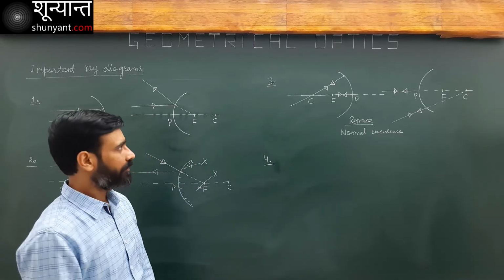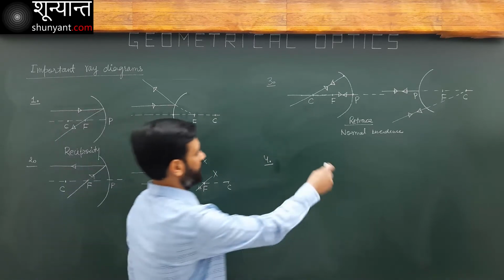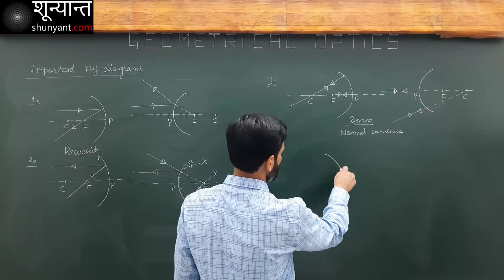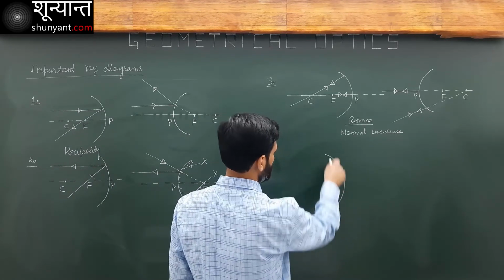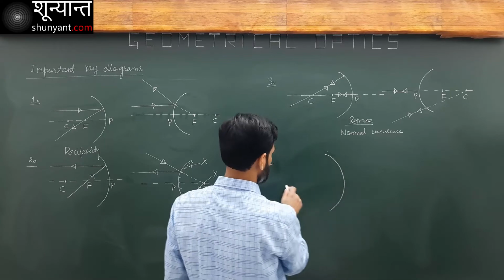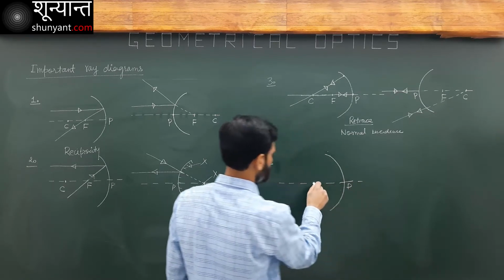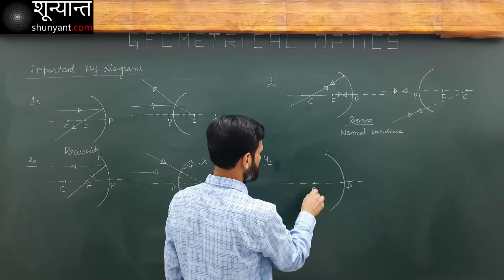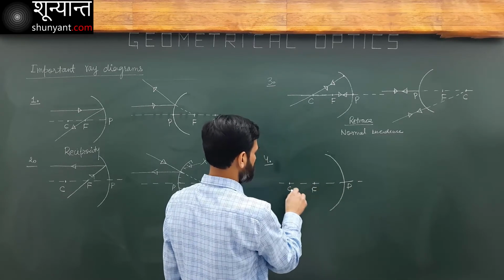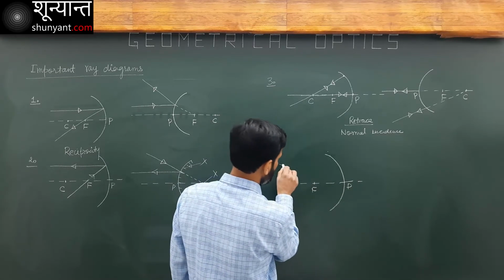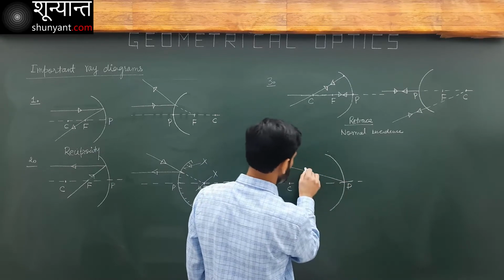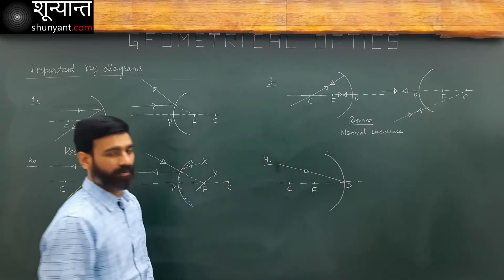Now, the fourth and last one. What is the fourth one? A light ray incident at the pole. So I have this concave mirror. This is my pole, this is my focus, this is my center. If I have a light ray incident like this, what is going to happen?